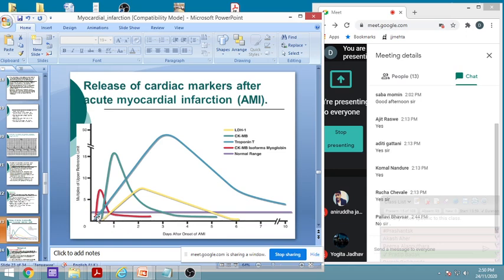Then creatine kinase takes 2 to 3 days to come to normal. Troponin T, we have seen, takes several days, 7 to 14 days. And LDH works in the same way.